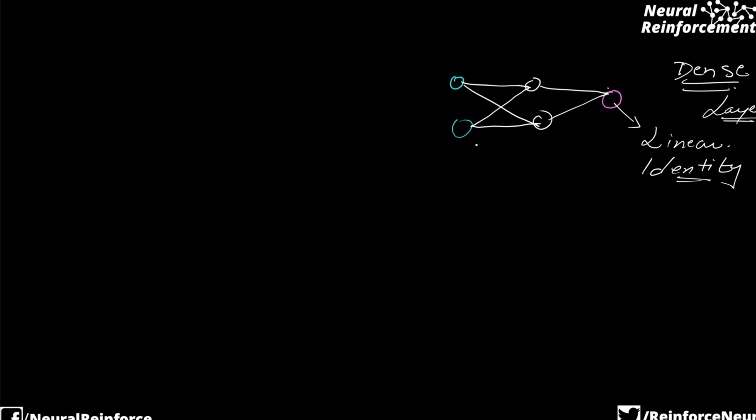Okay, and what is activation in this particular case? Let's spend a moment to understand that. So let's assume one particular neuron, say this particular neuron that we are talking about.